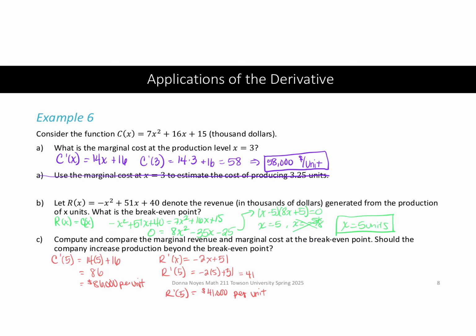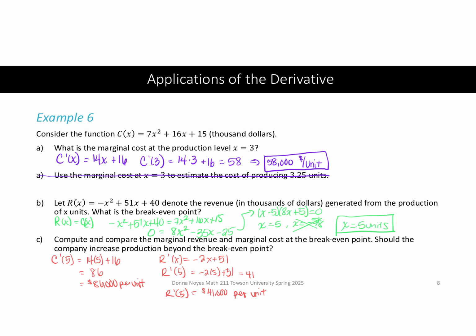So in this case, our costs are increasing at a rate that's more than double how fast our revenue is increasing. So if our costs are far outpacing our revenue, it would not be a good idea to continue production past this point.